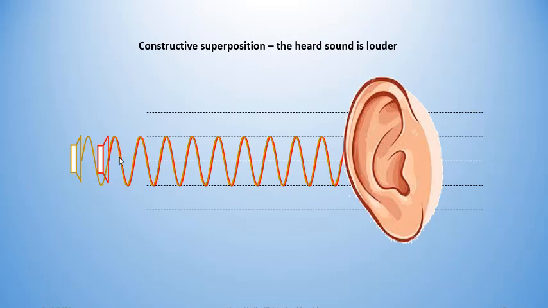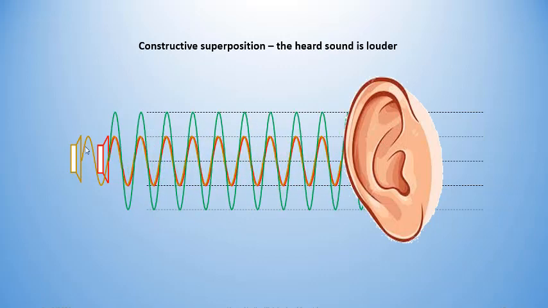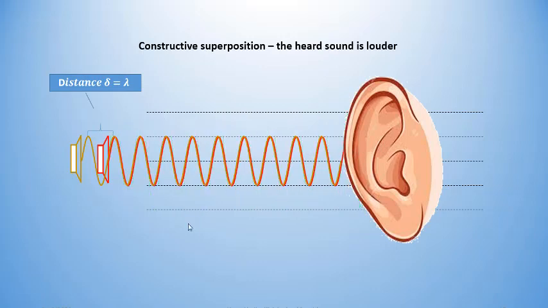What is the distance traveled by the source then? This is the double amplitude. The distance traveled from this maximum to this maximum is one wavelength. The distance delta traveled by the source is one wavelength. This distance lets the ear hear again a sound with double amplitude.